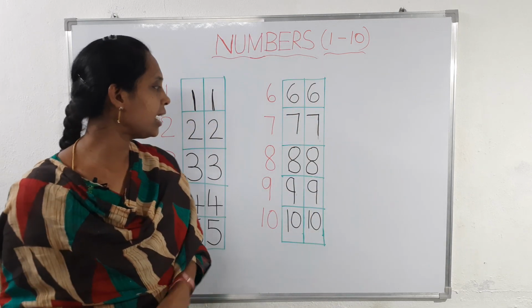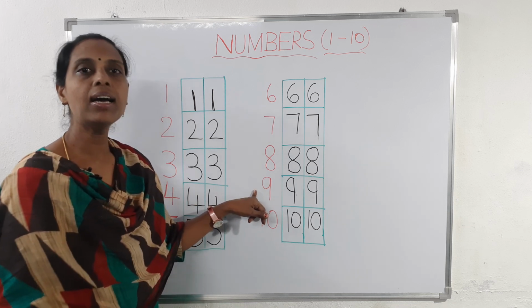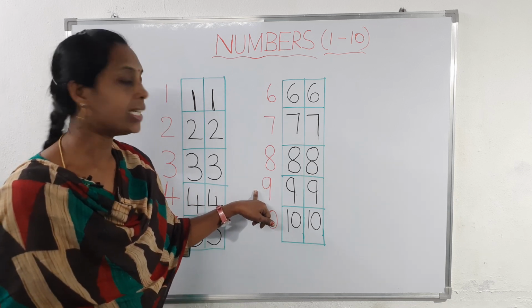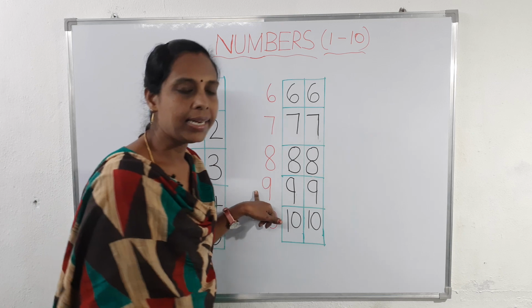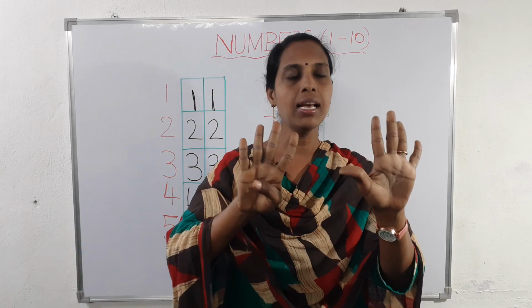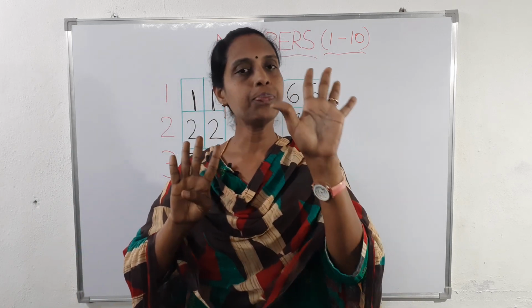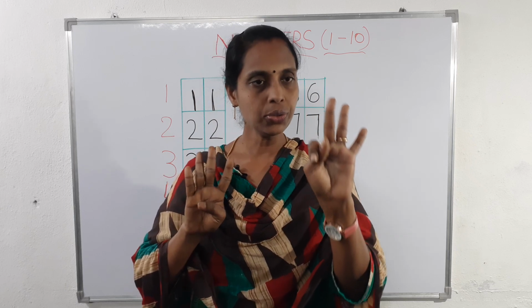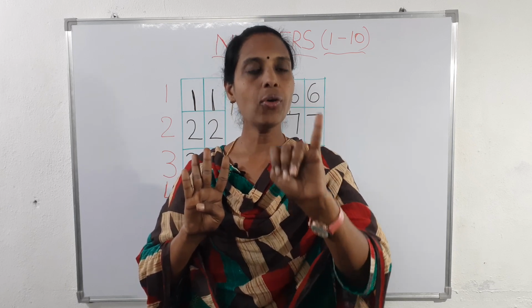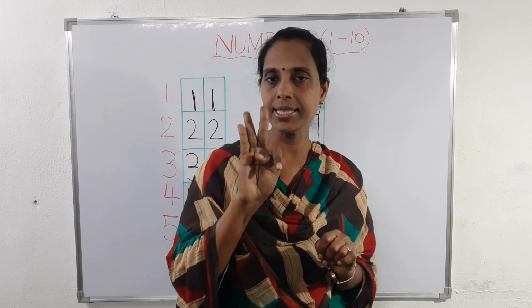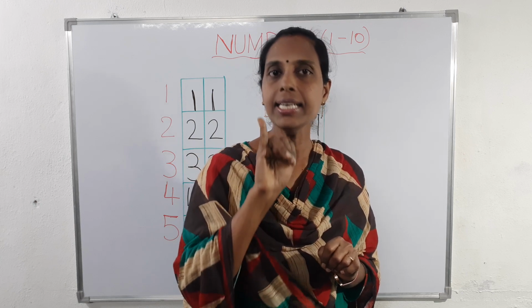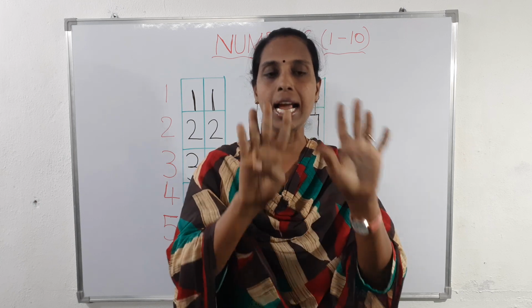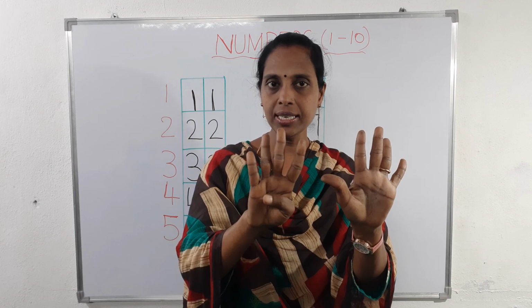Okay, very good, children. What is the next number? 9. All of you open 9 fingers and count along with me. 1, 2, 3, 4, 5, 6, 7, 8, 9. I open 9 fingers.